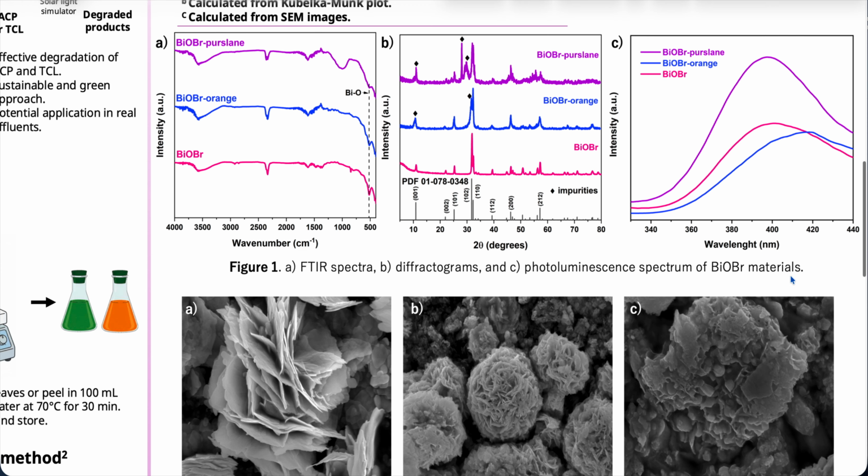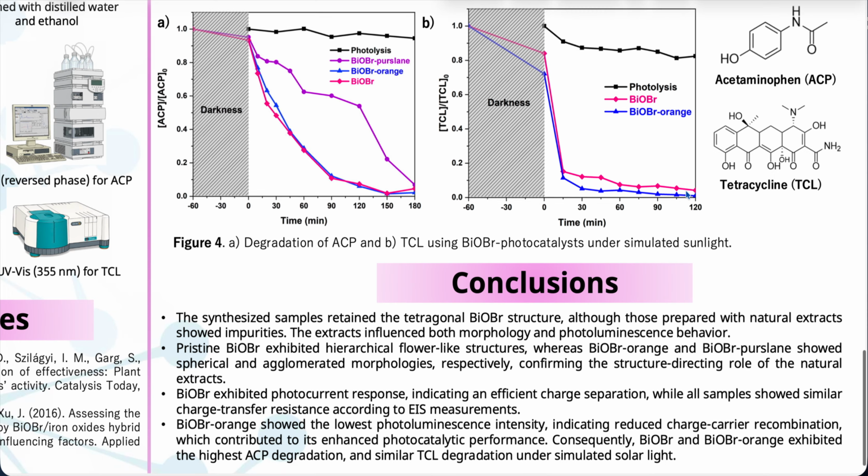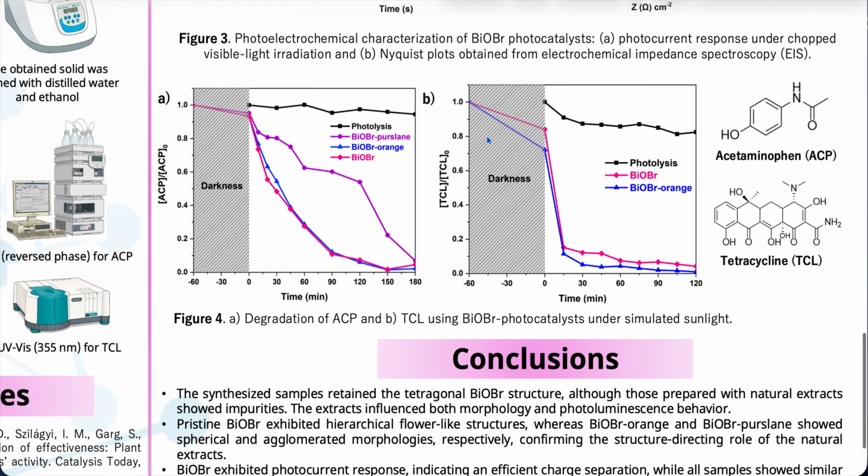However, photoluminescence measurements revealed an important difference. Bismuth oxybromide orange exhibited the lowest photoluminescence intensity, suggesting a lower recombination rate of photogenerated electron-hole pairs.